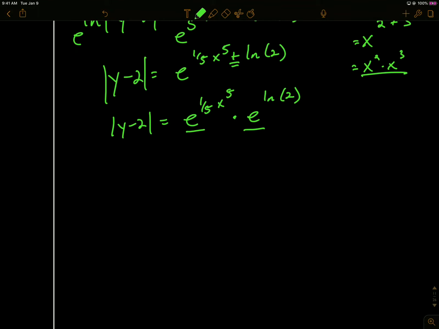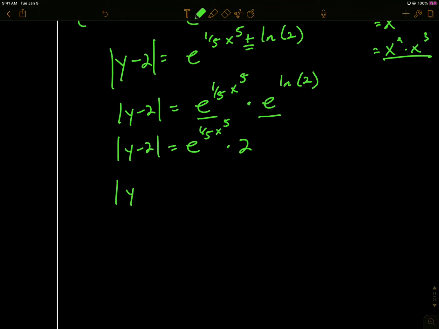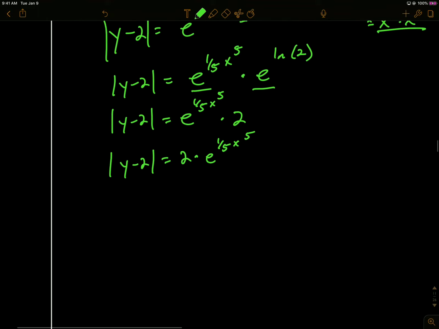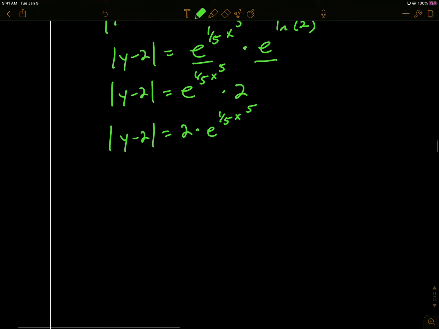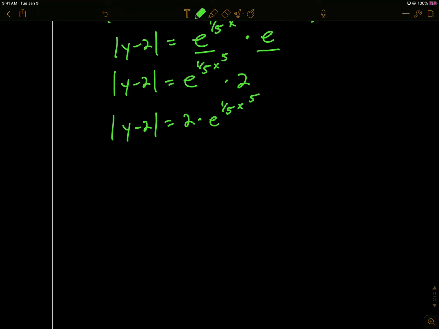The way we usually use it is if we see x squared times x to the 3rd, we add the exponent. So we're kind of doing that in reverse. The reason why that's nice is I can then write this times 2. All right, because e to the ln just cancels out. So now I've got the absolute value of y minus 2 equals 2 times e to the 1/5 x to the 5th. So now we've got two solutions here.